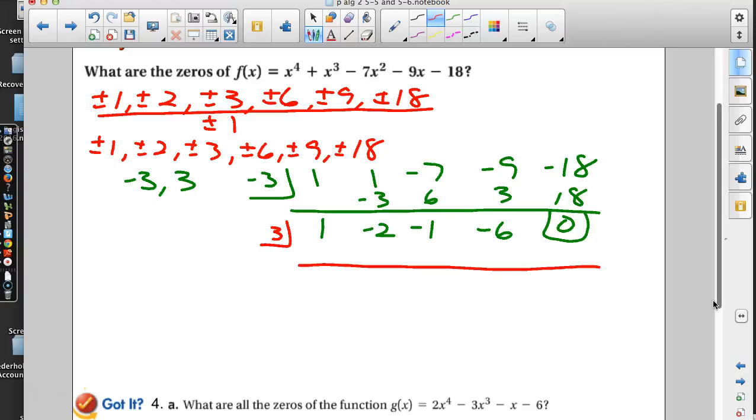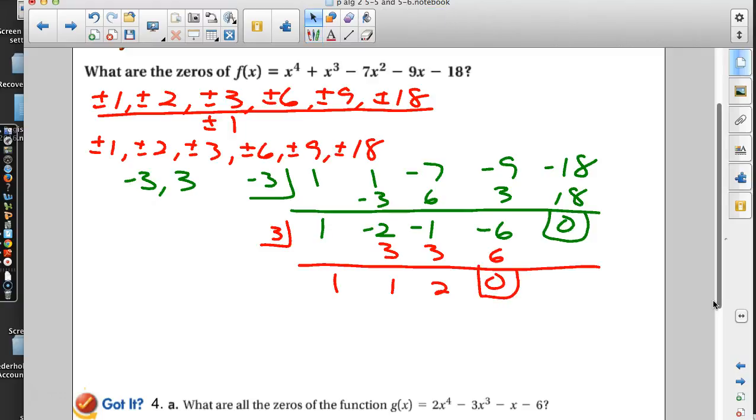Anybody need more time to get her synthetic? Okay. And our goal is, do we get a remainder of 0 here somewhere?